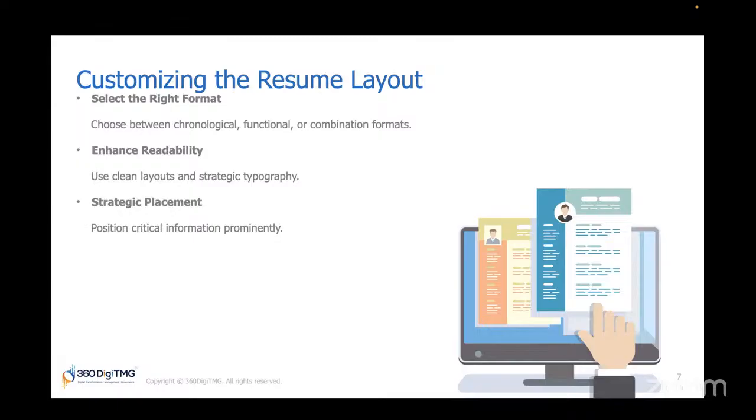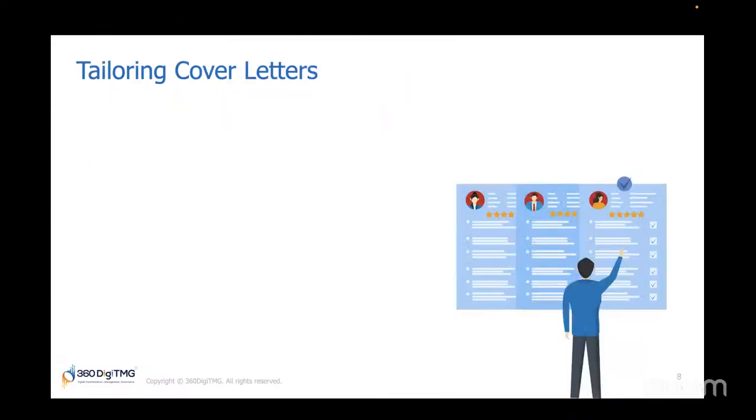Position critical information prominently, because the information you give should be right and should not have any mistakes or spelling mistakes. Don't make those kinds of mistakes, and insert the information prominently. Incorporate subtle graphics or color accents. Don't use highly flashy colors or any kind of font that is hard for a human viewer to read.